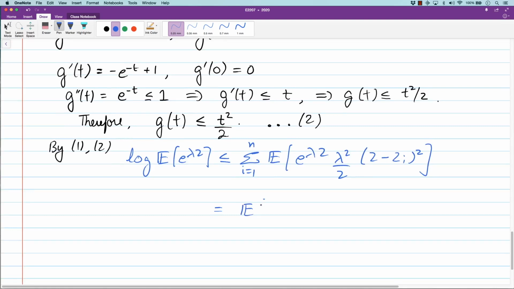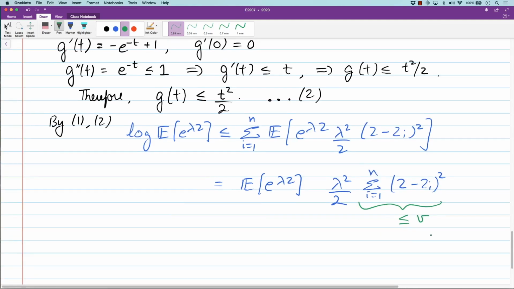So this expected value e to the power lambda z comes out, and we have lambda square by 2 times the summation i equal to 1 to n of z minus zi square. The quantity that we have assumed is bounded by v. And so this is less than or equal to lambda square v by 2 times expected value e to the power lambda z.